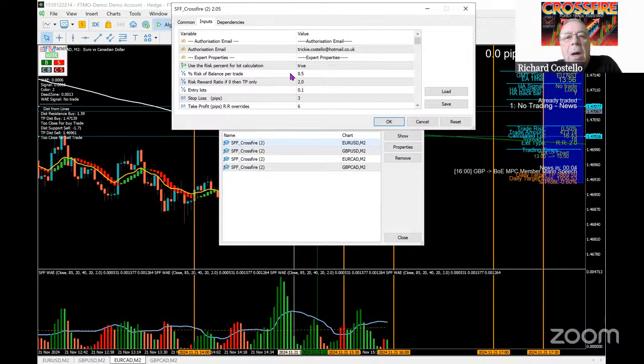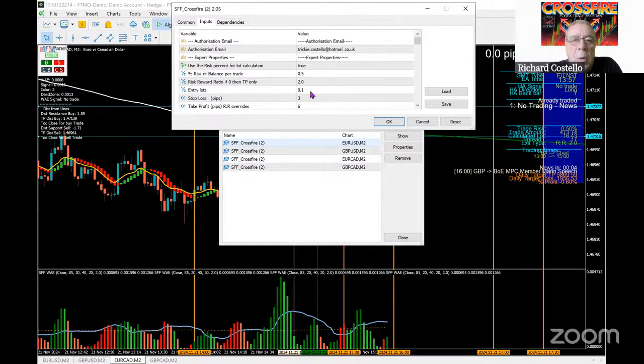So I'm risking 0.5%, which is $500, and I want a risk to reward ratio of 1 to 2, so I want to potentially make $1,000. My risk to reward is 1 risk to 2 reward.